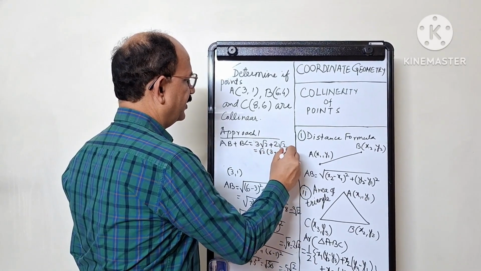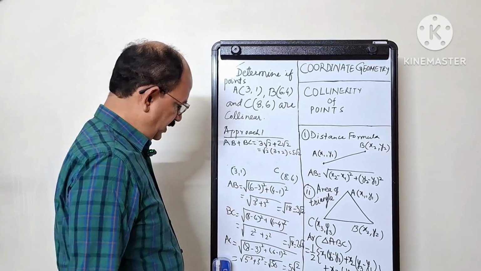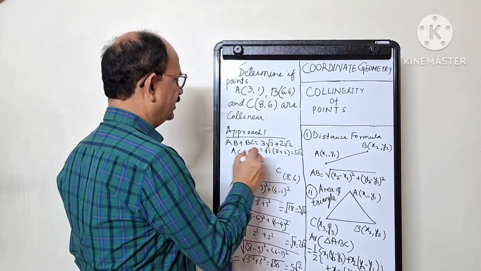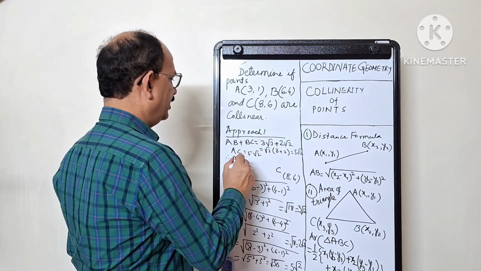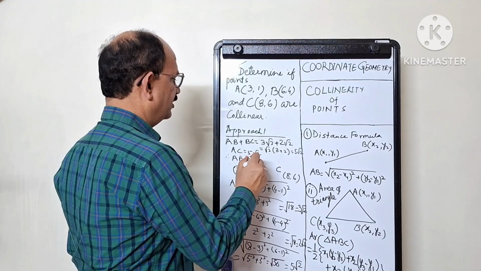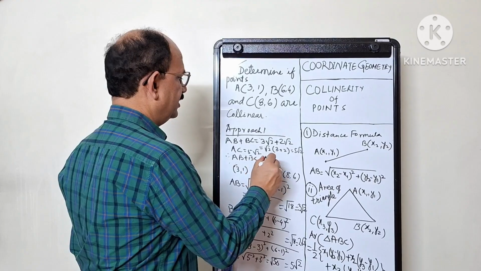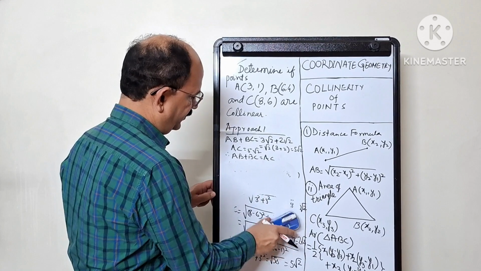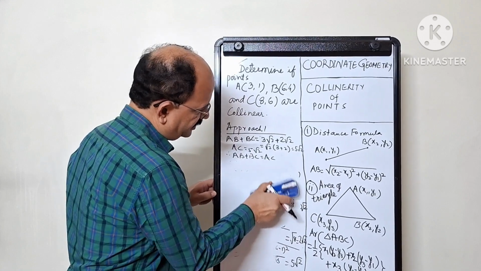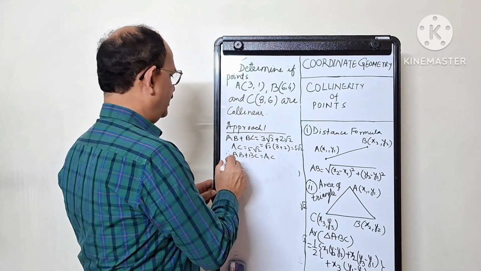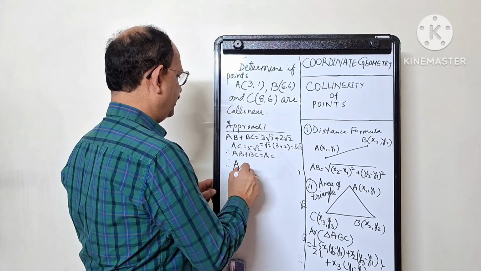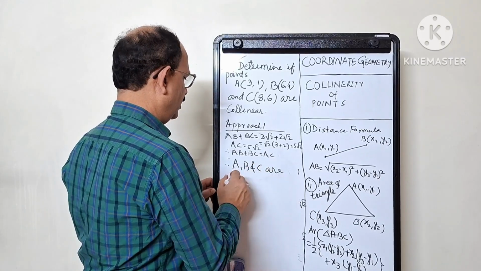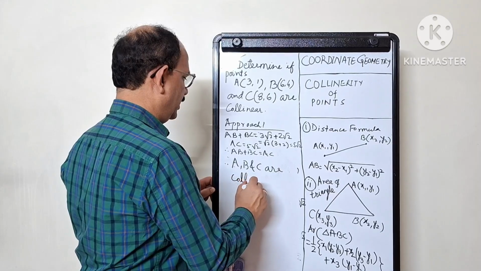So we can write it as 5 root 2. We are noticing that AC is also 5 root 2. Therefore, AB plus BC is equal to AC, and therefore all 3 points A, B and C are collinear.